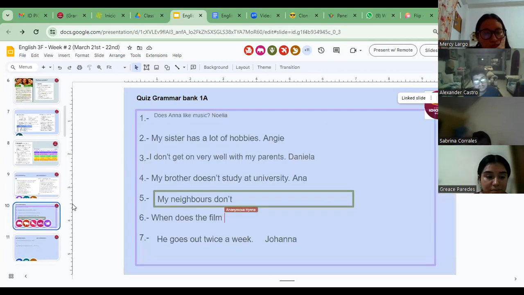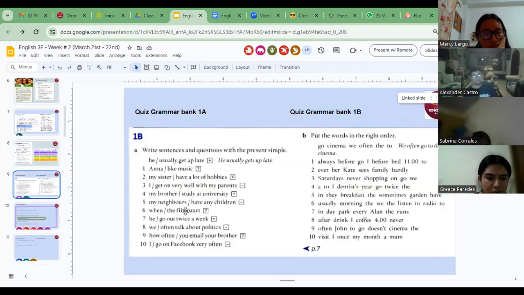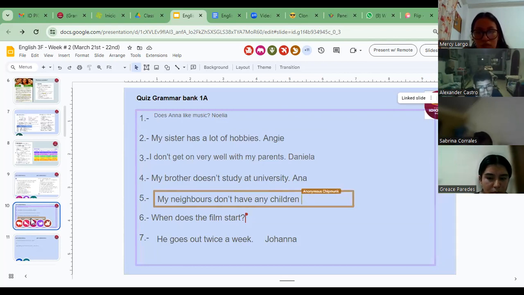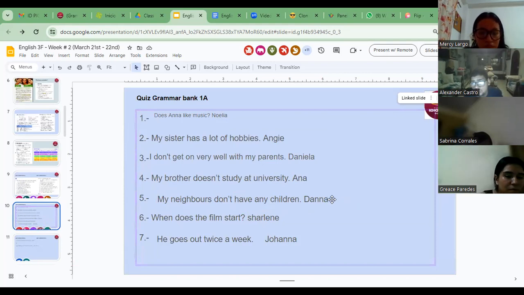Okay, let me see. Number 5. My neighbors have any children, but this is negative. So how can you rewrite it? Okay, my neighbors don't have any children.